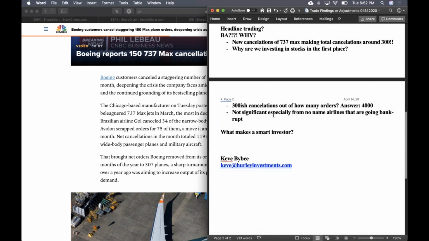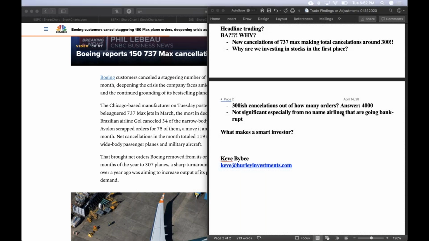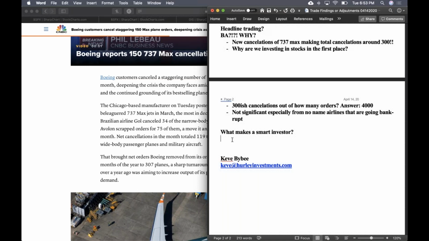So suffice it to say, what makes a smart investor? And we've got obviously a couple answers. I'm going to say one who does their homework on the company, because again, there's a difference between the company and the stocks and shares.